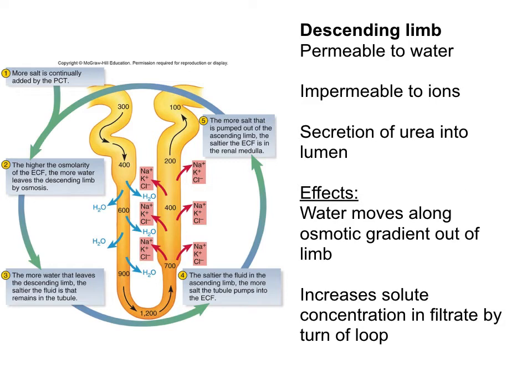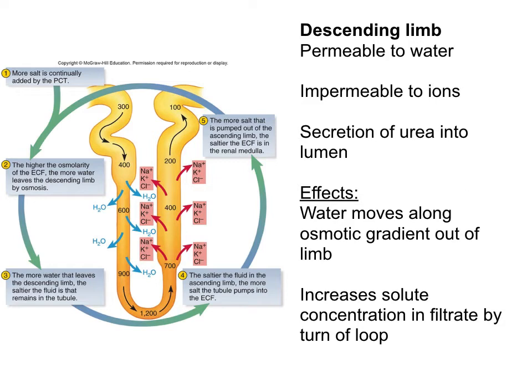So now imagine you've got tubular fluid moving from the PCT into your descending limb. And that tubular fluid has a really high concentration of water. It's got a lower concentration of solute. It starts heading down through the descending limb, and it's passing through a much saltier exterior.